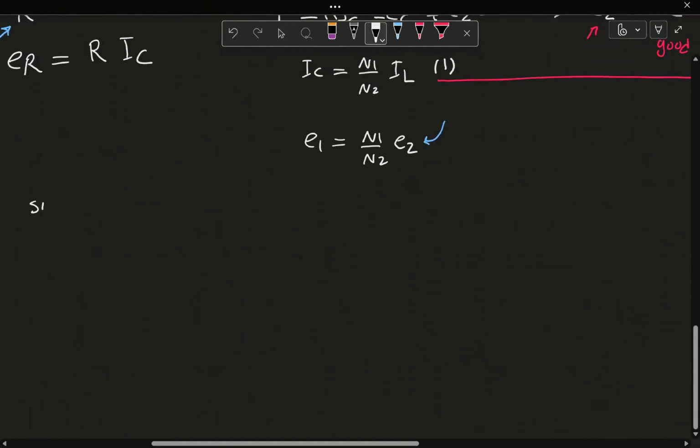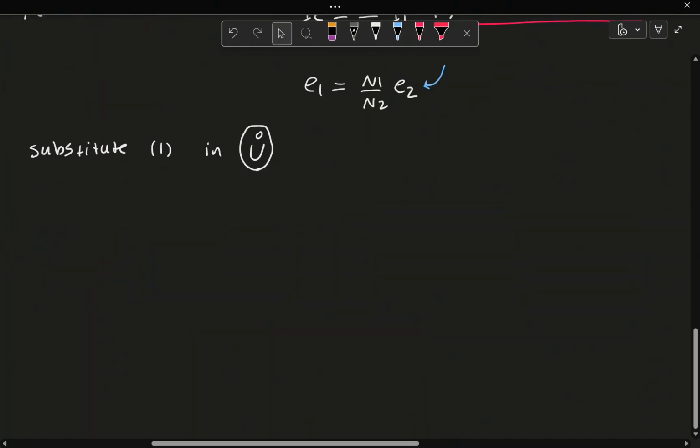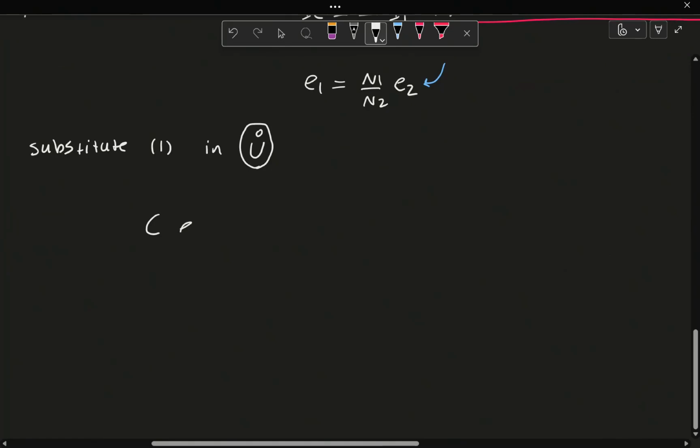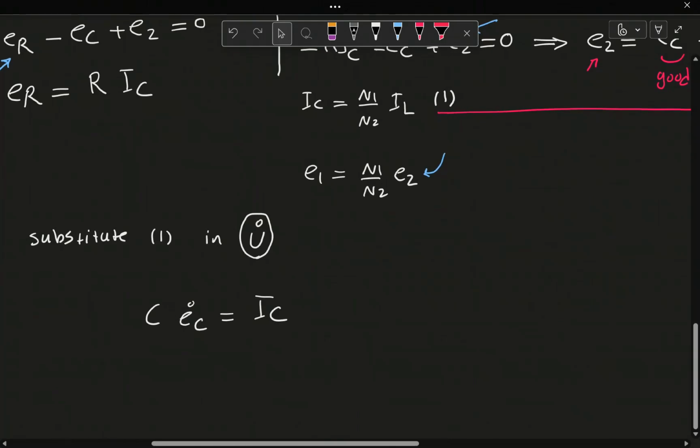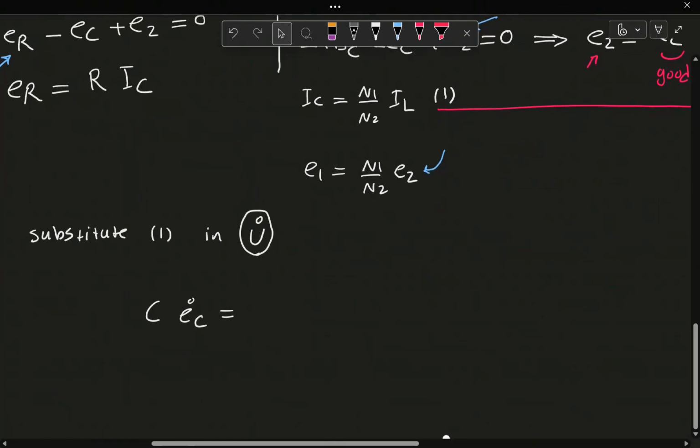Okay. So substitute equation 1 in the capacitor equation first. You have C E dot C equals IC, yes? So instead of IC, I'm going to put equation 1 from the transformer. This is a geometric relationship, yes? So this is going to be N1 over N2 IL.